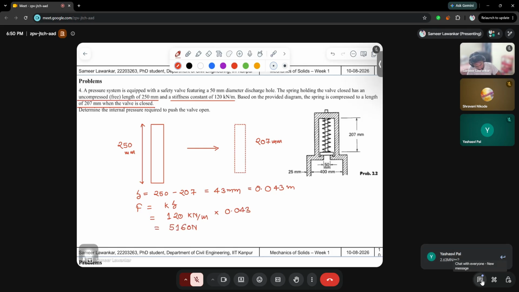Now I can write the upward force exerted by the pressure.